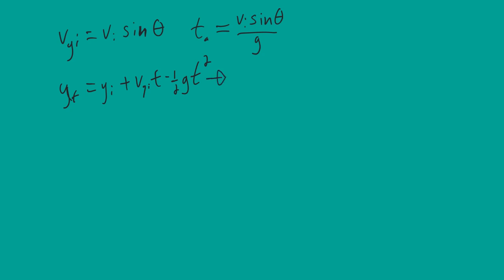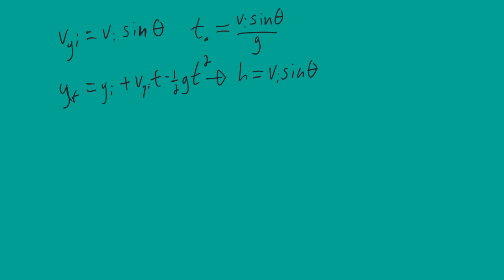So we know that the y final is just going to be the height, right? That's as high as it's going to go since we are using the time to the apex. The initial height is 0 because it starts on the ground. And then we know Vyi is Vi sine of theta.